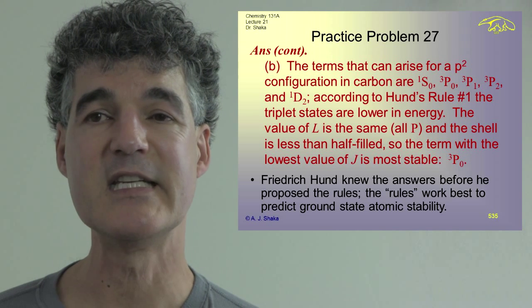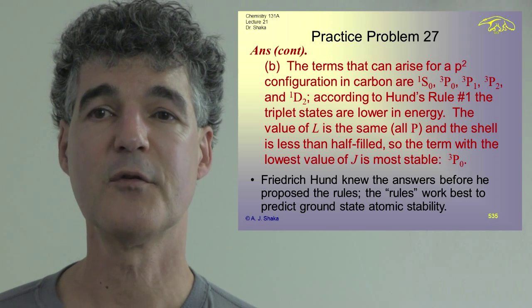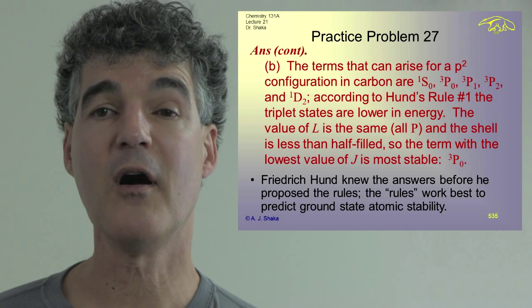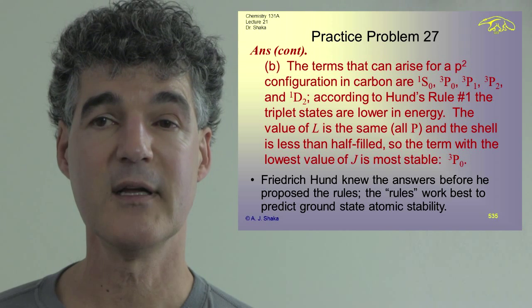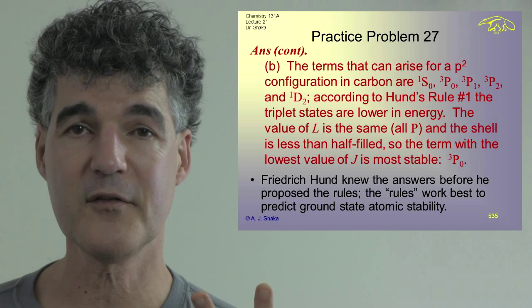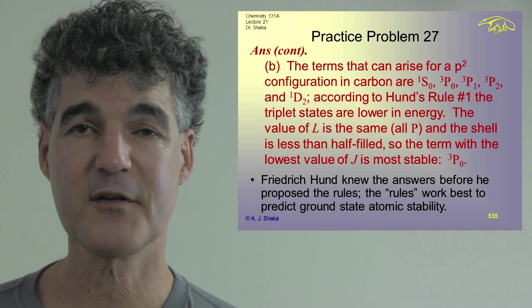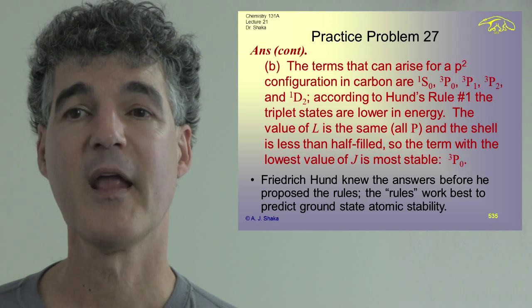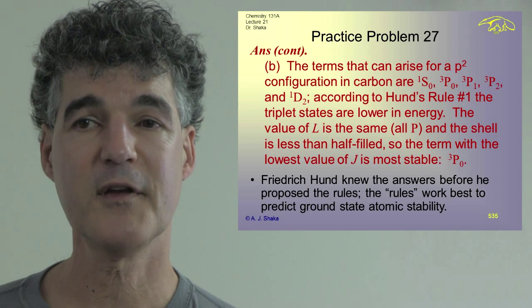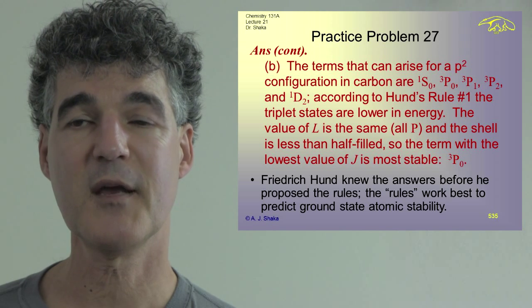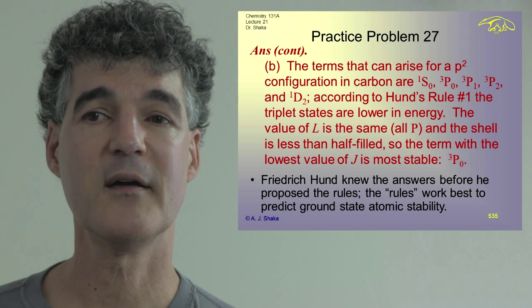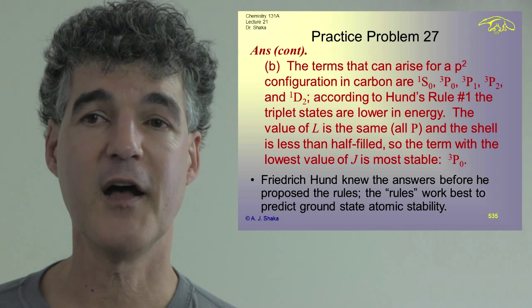We don't have a triplet D or a triplet S to worry about. And so therefore we have to go all the way to the third rule, and the shell's less than half filled because there's 2 p electrons, and there can be 6 p electrons in the shell, and therefore the most stable configuration, the most stable term is triplet P0 because that has the lowest value of J.